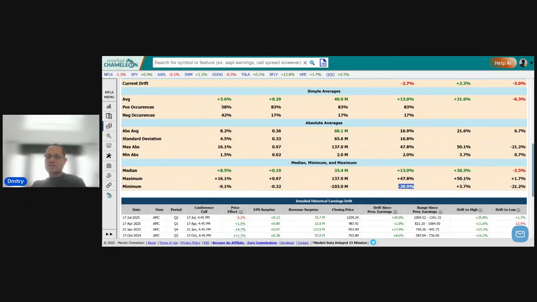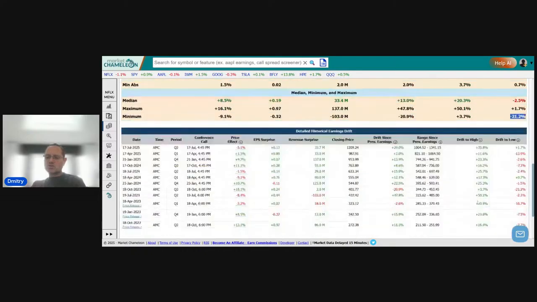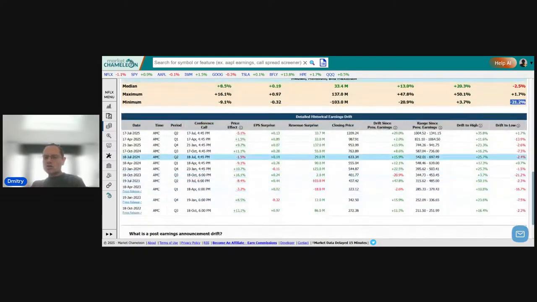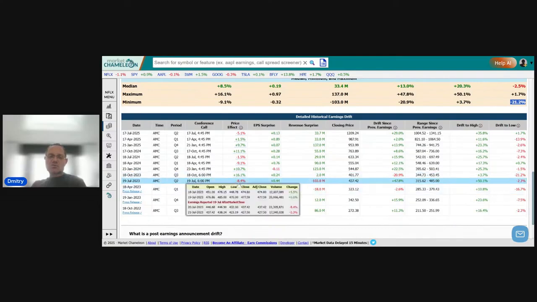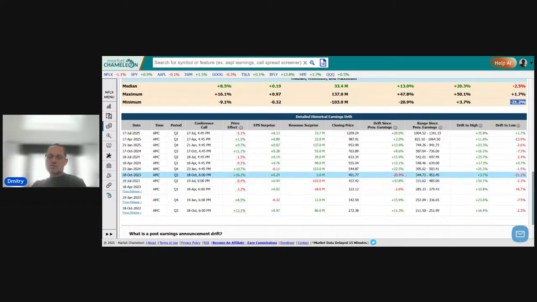These are the max and min moves to the end. These are the max moves to the high, biggest move to the low. So really, another thing here we could take a look at is we could compare if a down move, for example, on July 19th, does the drift follow through and the stock continues lower or rebounds?